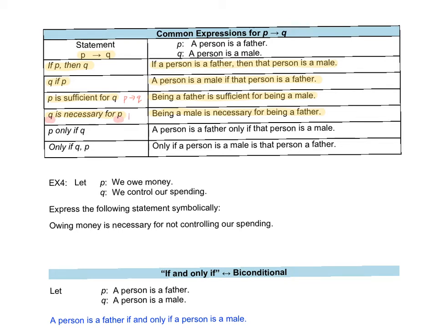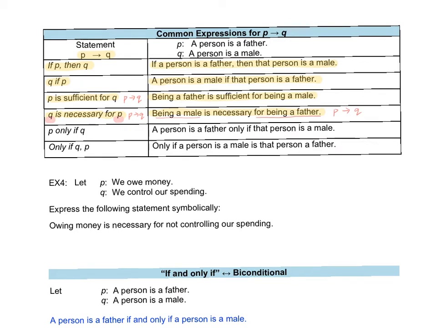Symbolically, this would be P arrow Q. Remember, these are all P arrow Q. So being a male is necessary for being a father means that what comes after necessary is actually going to come first. The necessary would be my arrow, and being a male was Q. So again, confusing. Don't have to memorize it. Just look at the table.